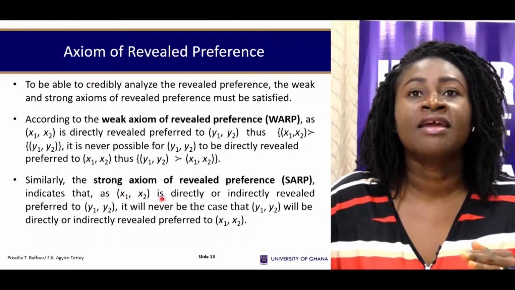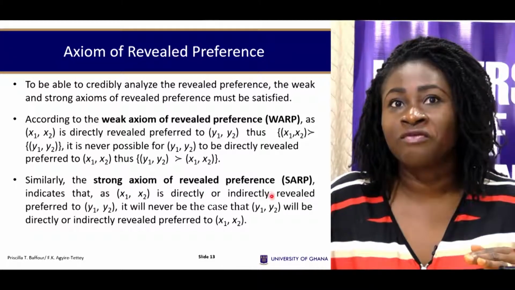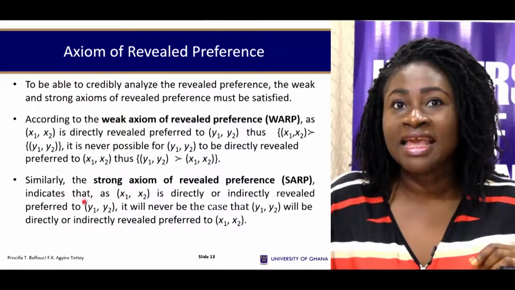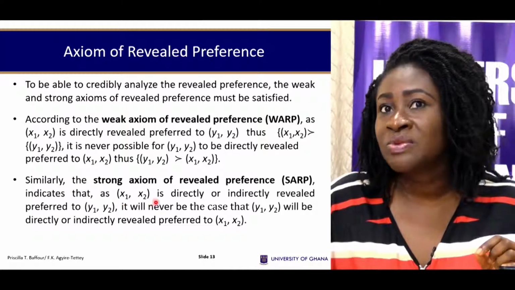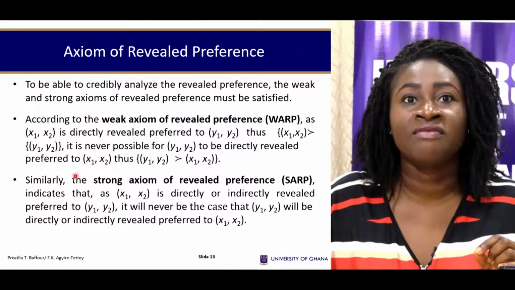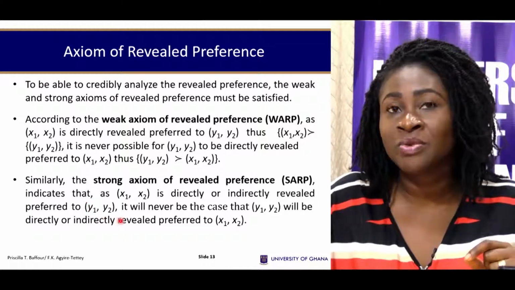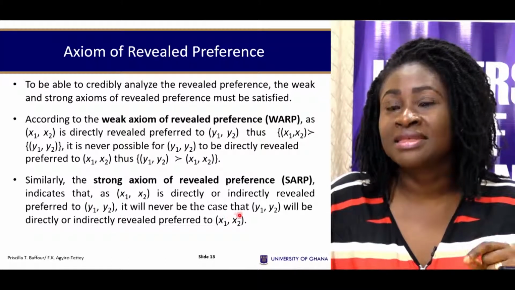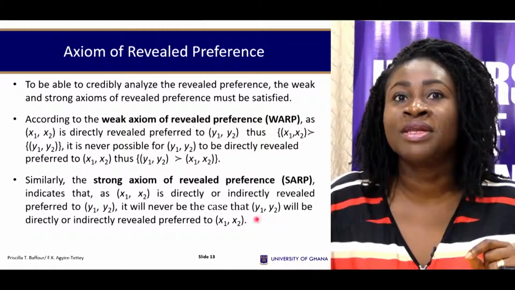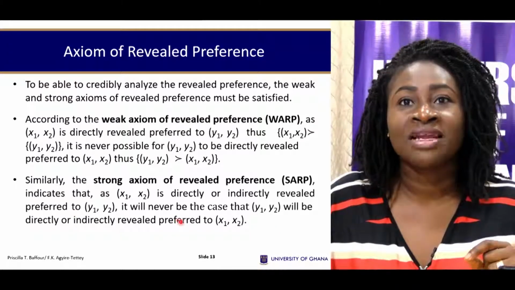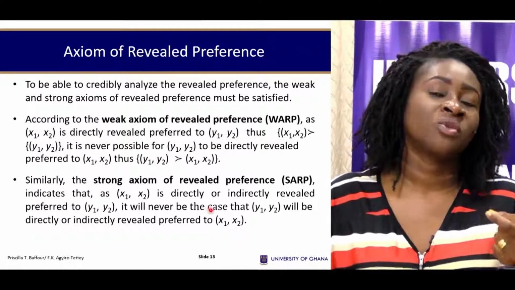Similarly, the strong axiom of revealed preference indicates that if (X1, X2) is directly or indirectly revealed preferred to (Y1, Y2), it will never be the case that (Y1, Y2) will be directly or indirectly revealed preferred to (X1, X2).